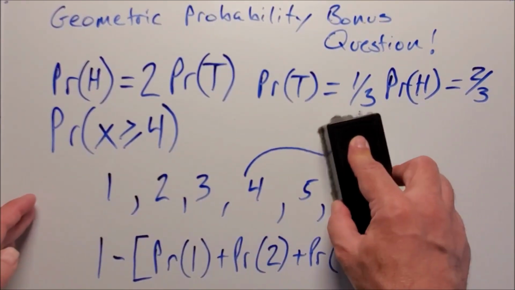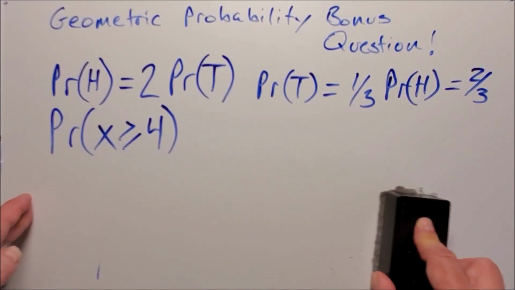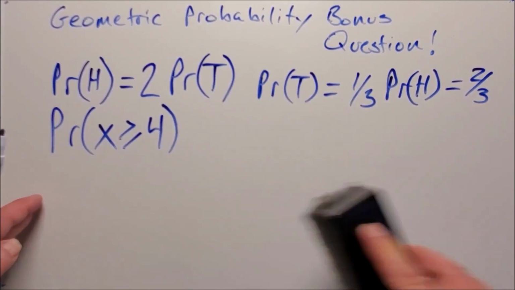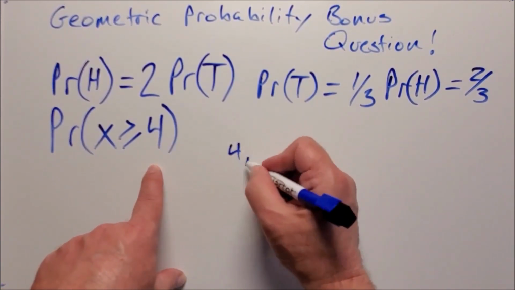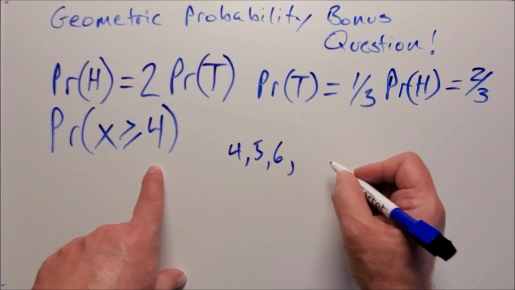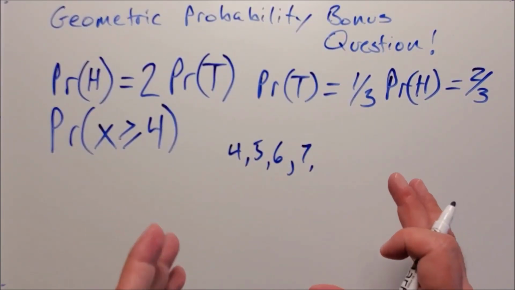By the way, if you're thinking to yourself, what would happen if we did it the other way? I won't add up probability values all the way to infinity, but what happens if I just go kind of far and add up the probability of 4 and 5 and 6 and so on? How close can I get, reasonably speaking? And the truth is, you can actually get pretty close that way.